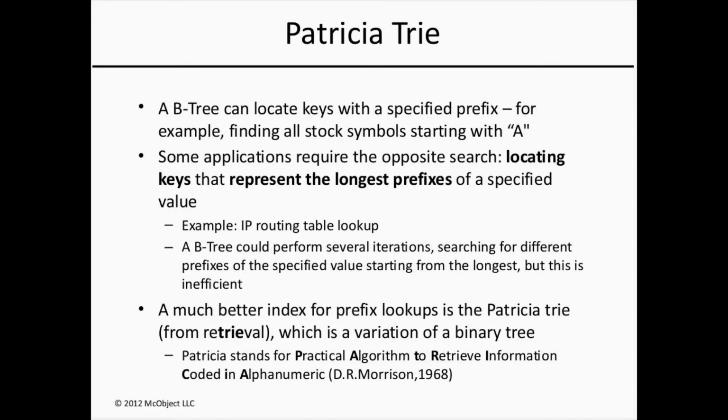The term trie, spelled T-R-I-E, is derived from the word retrieval, and then Patricia stands for practical algorithm to retrieve information coded as alphanumeric. The Patricia tree can perform tasks like phone routing, predictive text, and IP filtering. In the first case, given an incoming phone call and a table of operators with known prefixes, the right operator needs to be selected to handle the call.